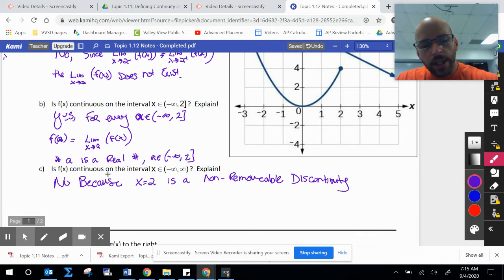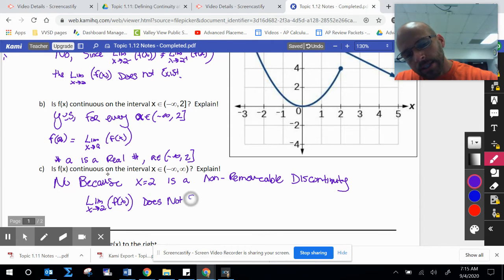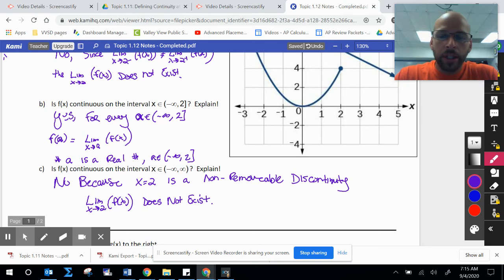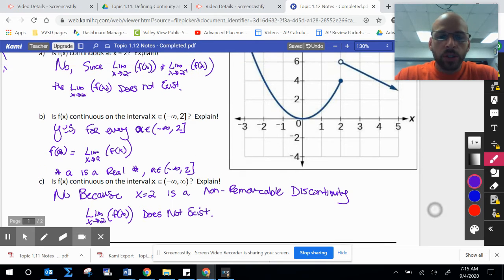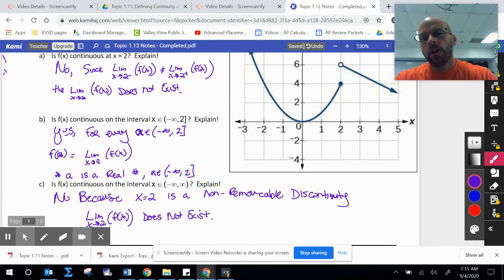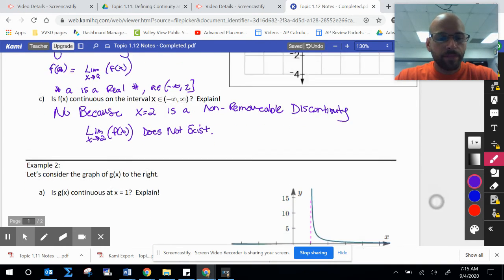And you can even go a step further, and you could say the limit as x approaches 2 of f of x does not exist. So I'm actually proving why it's a discontinuity, right? And because that point is within that interval, we know that interval is not continuous.